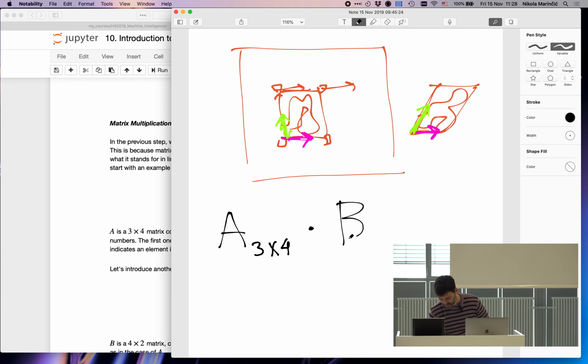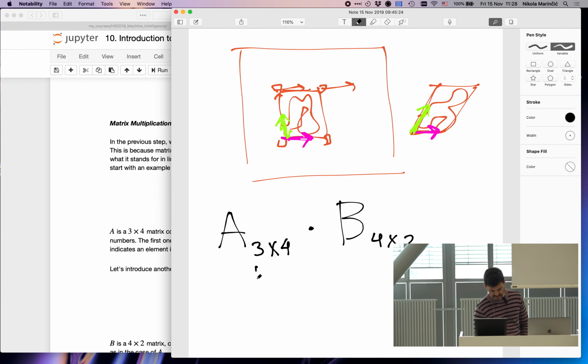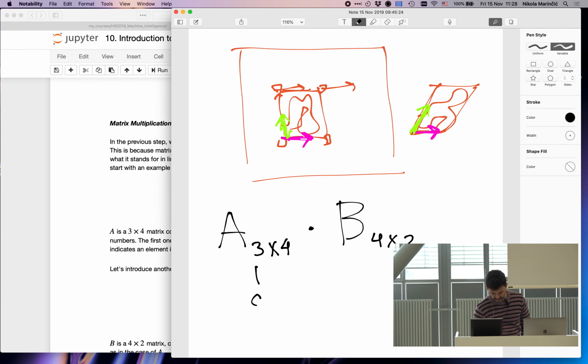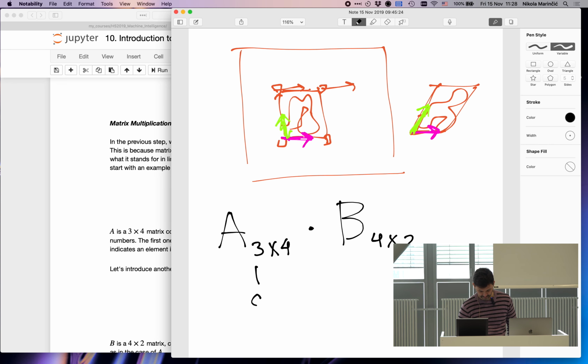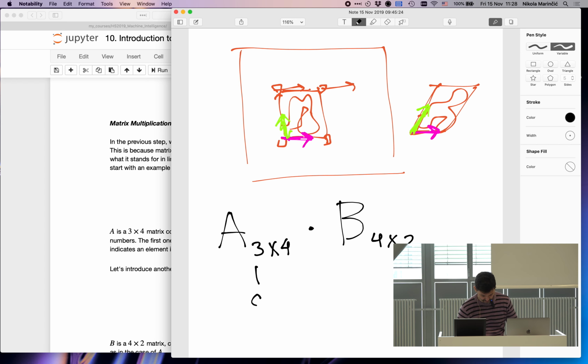And we are multiplying with B, which was, I think, 4 times 2. So you can think of it: this is the number of columns, this is the number of columns. This is the number of rows, so 3 rows. This is what I said at the beginning. This is the number of rows, this is the number of columns, this is the number of rows, this is the number of columns.